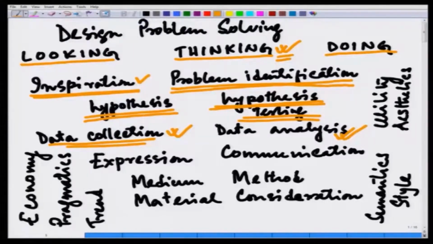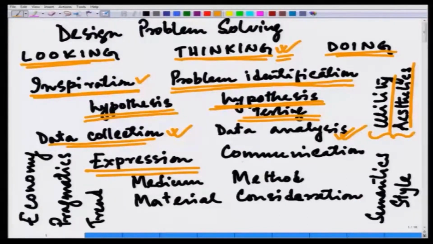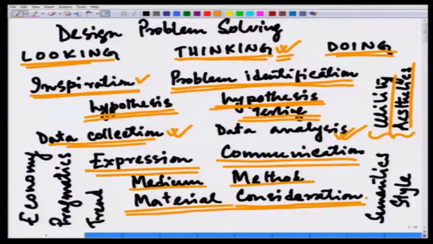When we go by this process that involves looking, thinking, and doing, finally our outcome has to be combined with utility and aesthetics, both. So form and function come together, and then we try to find the right expression, the right mode of communication, the right medium, the right method, the right material. Then we also think of the economic viability, the practicality, the pragmatics.